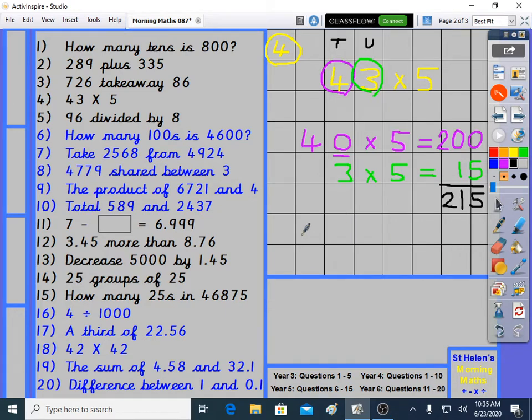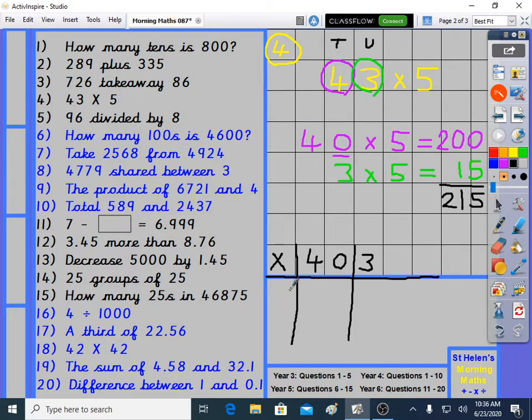Now I'm going to do another method underneath. So I'm going to keep the first method and show you the other method, which we call the grid method. So in this, it's the same kind of thing. You're splitting up 43 into a 40 and 3. Just like we split them up here, really, into a 40 and a 3.